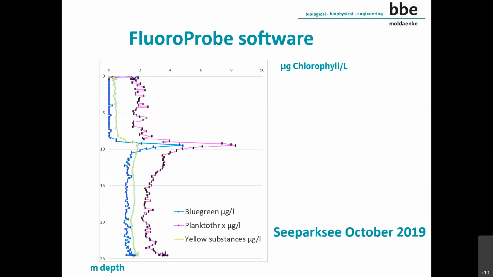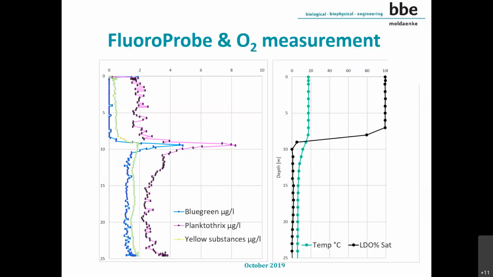What you also can see is that we have here a yellow substances measurement. That is decaying organic material which interferes with some signals. So there we have a correction for the measurements. Additionally, here we have made a measurement also of temperature and oxygen.